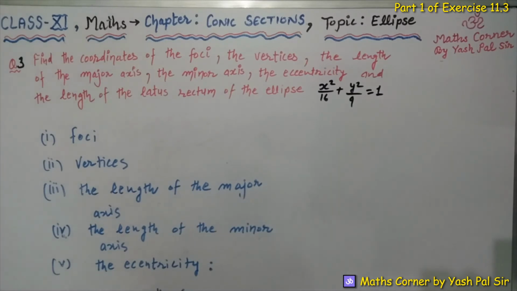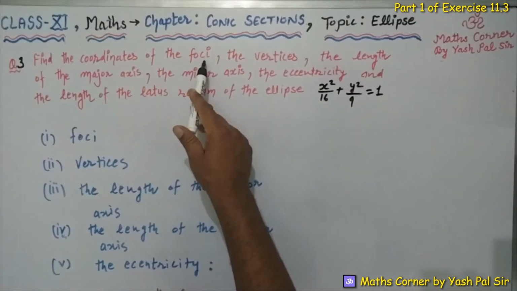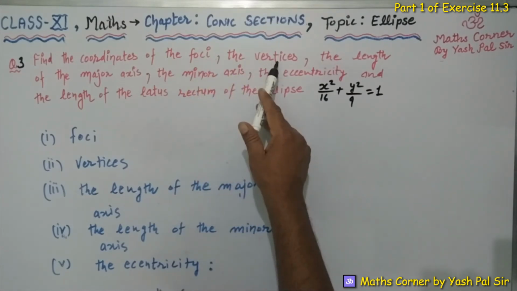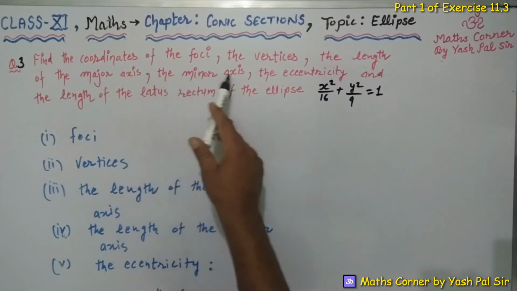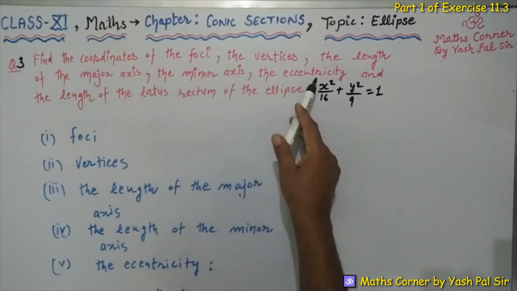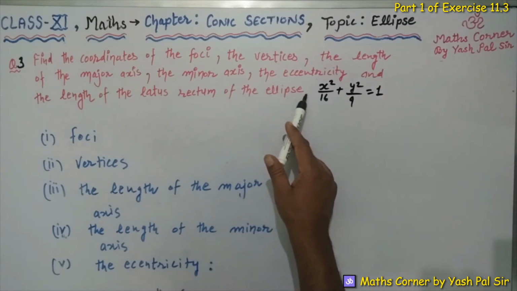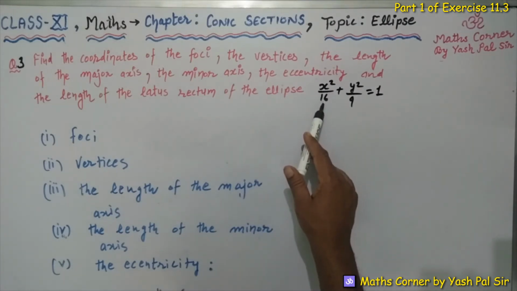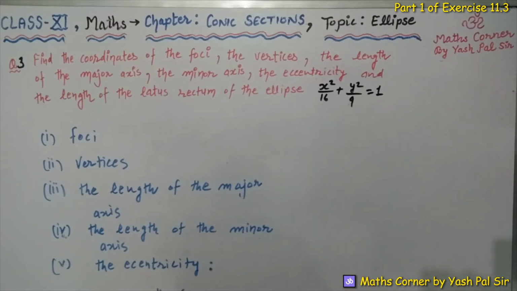Question number 3. Find the coordinates of the foci, the vertices, the length of the major axis, the minor axis, the eccentricity, and the length of the latus rectum of the ellipse x square upon 16 plus y square upon 9 is equal to 1.